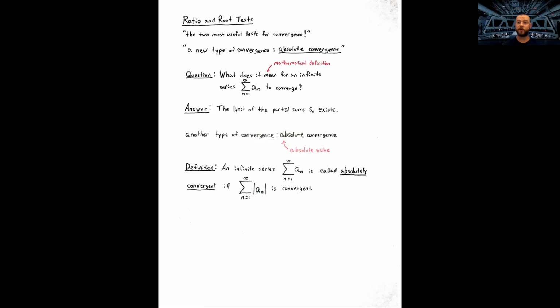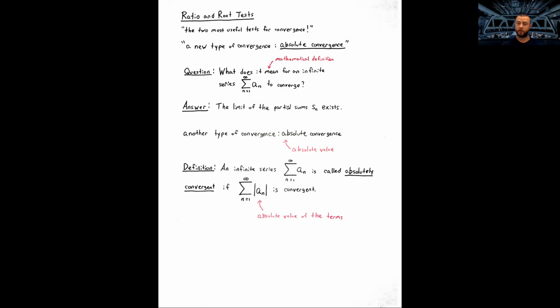The absolute value of a quantity is never going to be negative, so that gets rid of any alternating negative signs that might pop up with any infinite series terms. Again, keep in mind, the word absolutely is referring to absolute value.